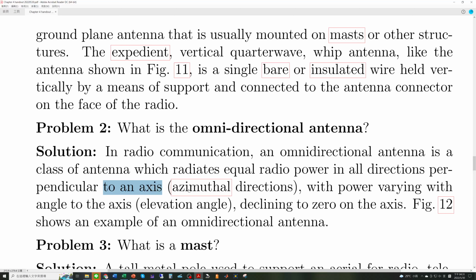They are azimuthal directions. What is azimuthal? I will explain it later. With power varying with angle to the axis, elevation angle, declining to 0 on the axis. Figure 12 shows an example of an omnidirectional antenna. Let us see figure 12.